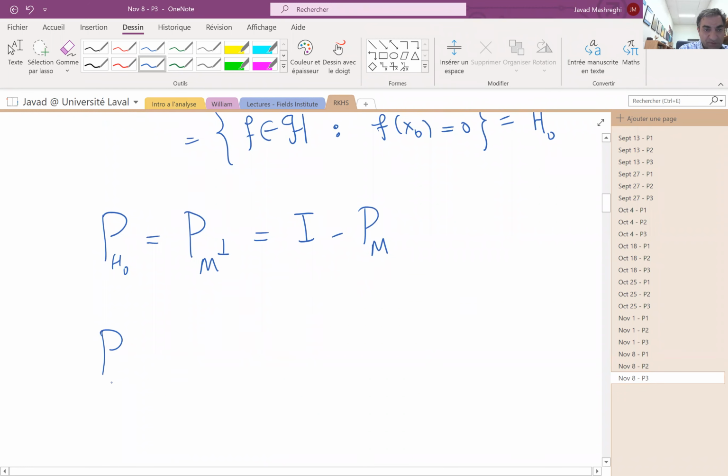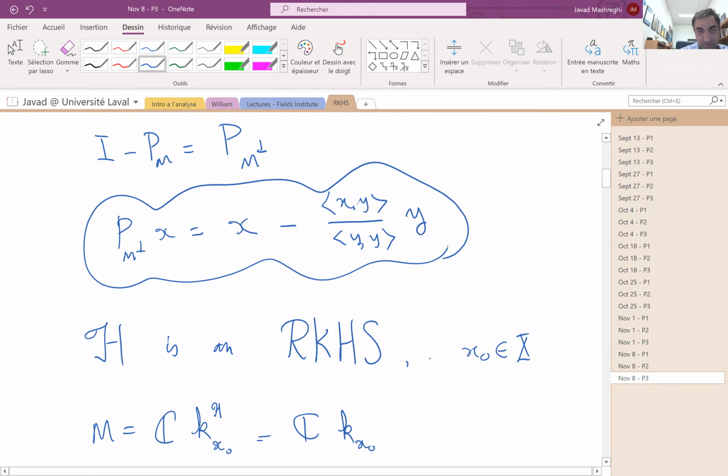Therefore, what would be the projection into H0 of k_y? This is equal to identity applied to k_y minus the other projection. Our formula is there, but note that Y is K_x0.